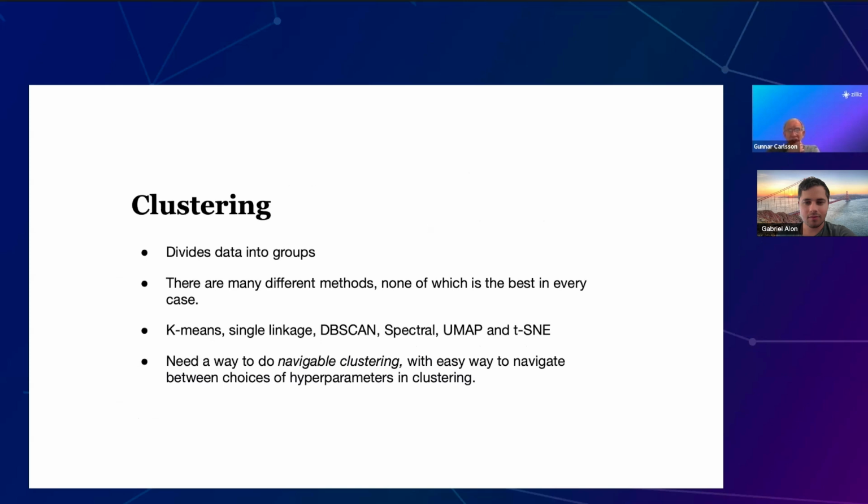So what is clustering? Clustering divides data into groups. There are many different methods. It's been studied for the last 50, 70, 80 years. But no particular method is the best in every case. Just to give you a sense of it, here's a list of a few methods, but there are a lot of them. You might be familiar with k-means, where you specify a number k and say, divide the data set up into k clusters for me.